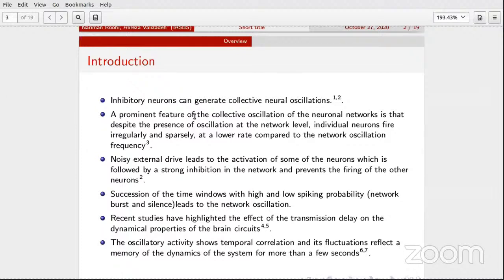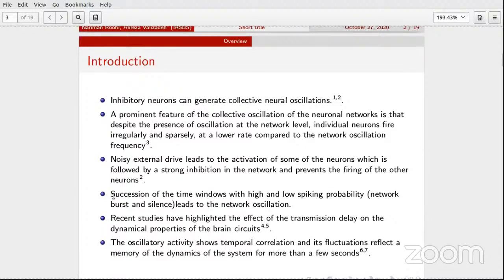And inhibitory neurons try to suppress the networks, and the synthesis between these two dynamics gives the features of inhibitory networks.